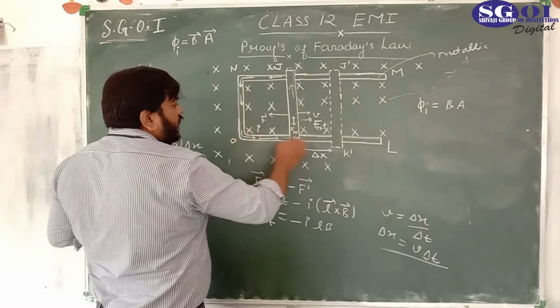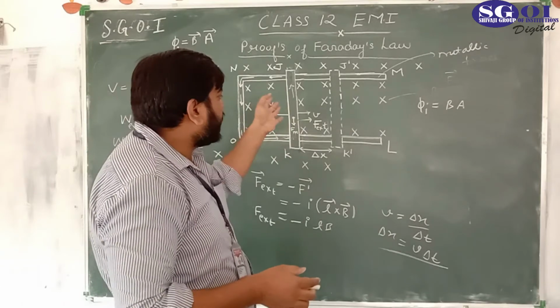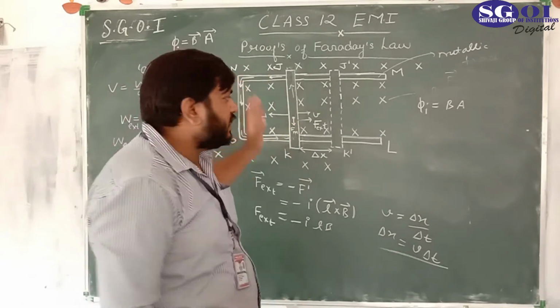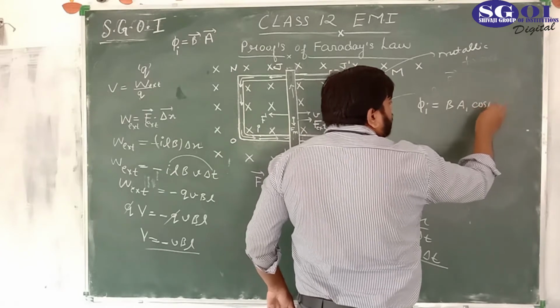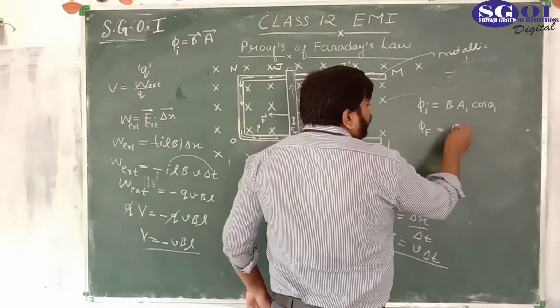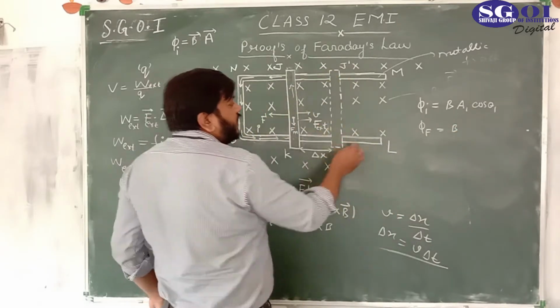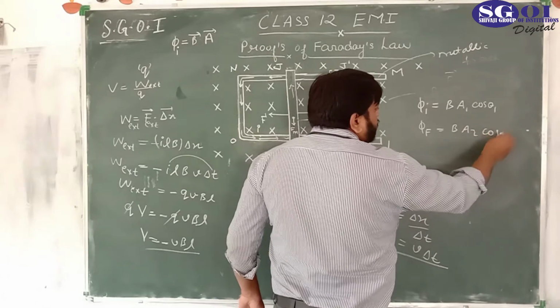Only the magnetic field B, the magnetic flux density, is constant. So phi initial equals B A1 cos theta 1, and phi final equals B, at this position J dash A dash, B A2 cos theta 2.